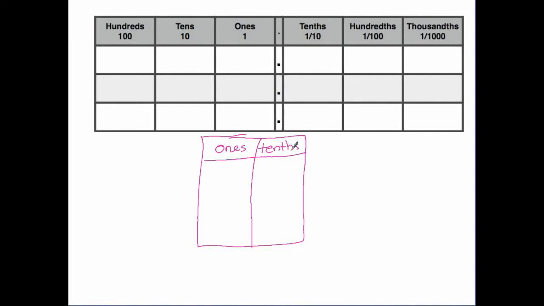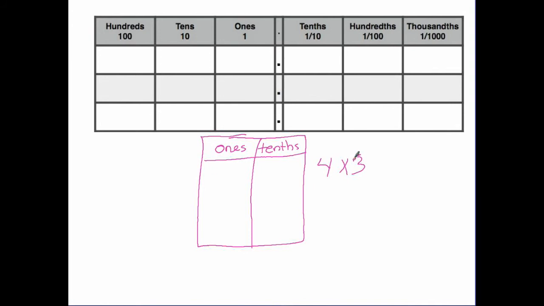So 4 copies of 3. What does that mean? 4 times 3. I got to do this in my head. I mean, anyone who knows how to multiply knows how to do this. But what do they want you to do? They want you to draw it.